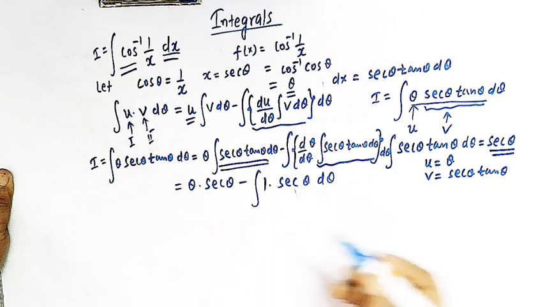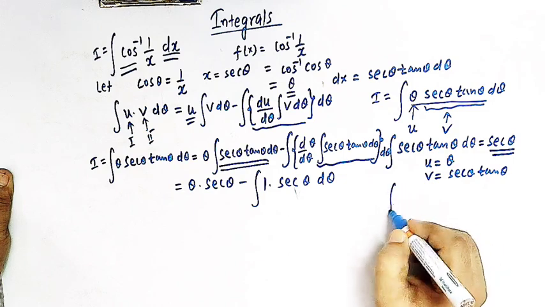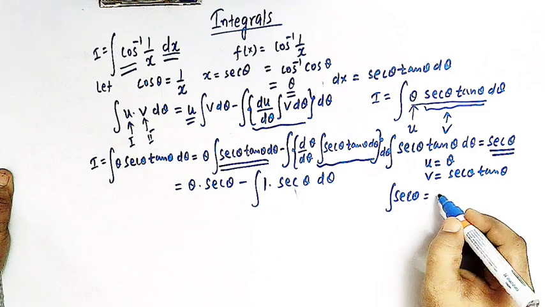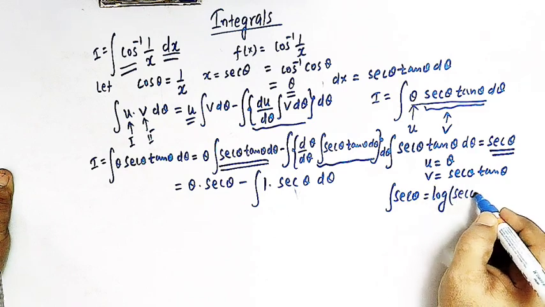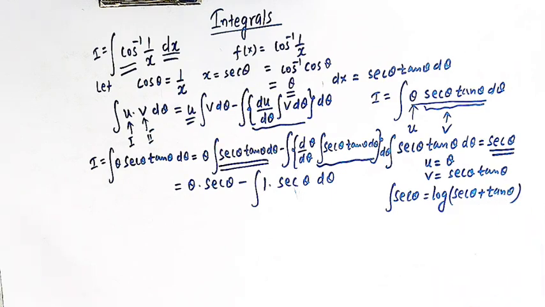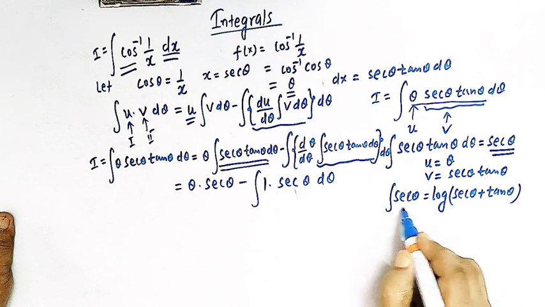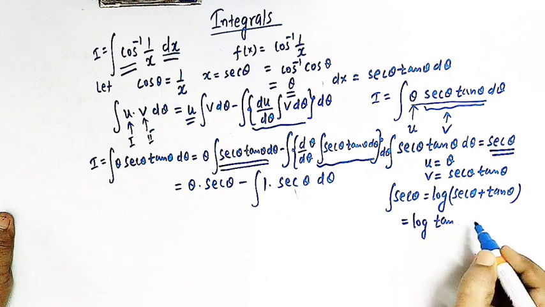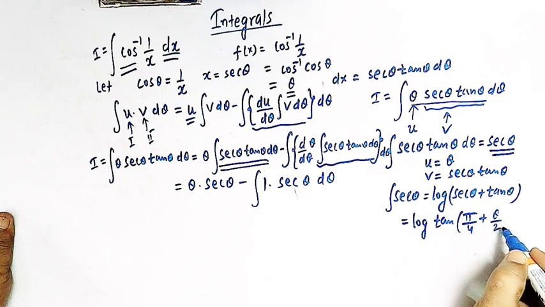Now, from the standard results of indefinite integrals, we know that the integral of secant theta is given by log of sec theta plus tan theta, right? We can also use the result for the integral of secant theta, that is log of tangent of pi by 4 plus theta over 2.